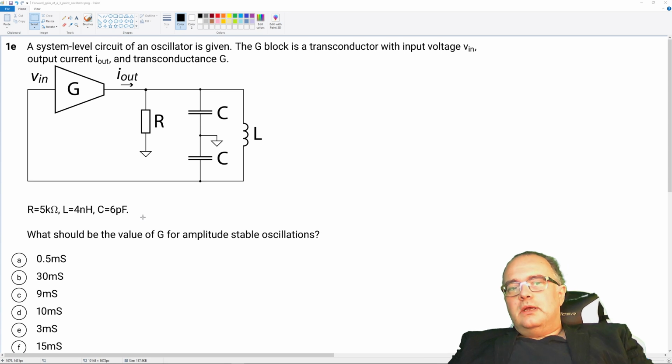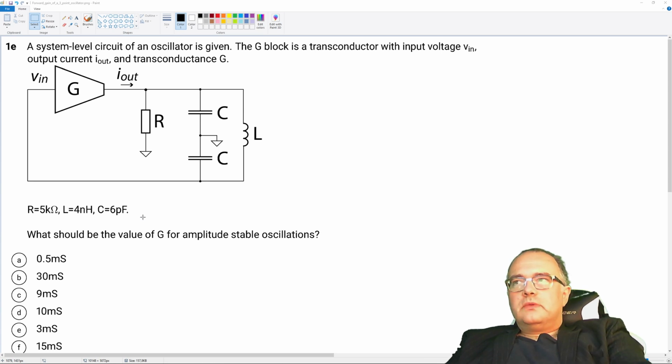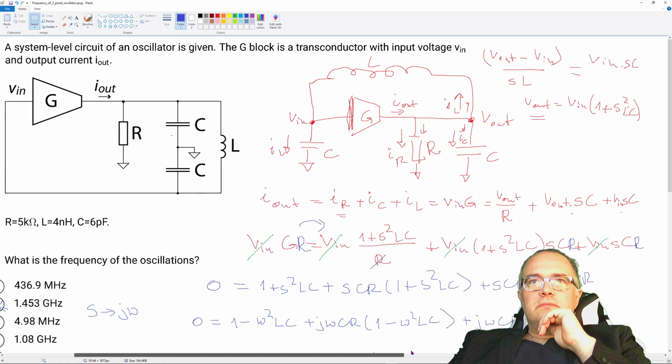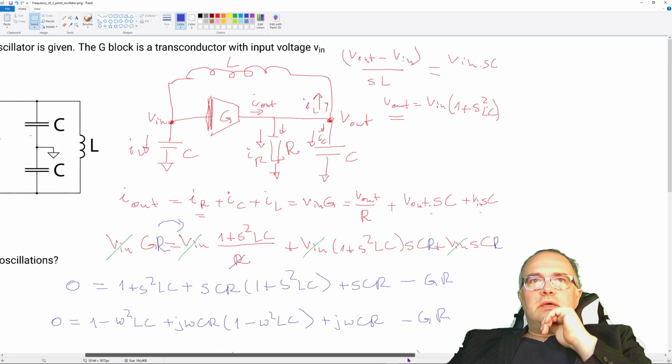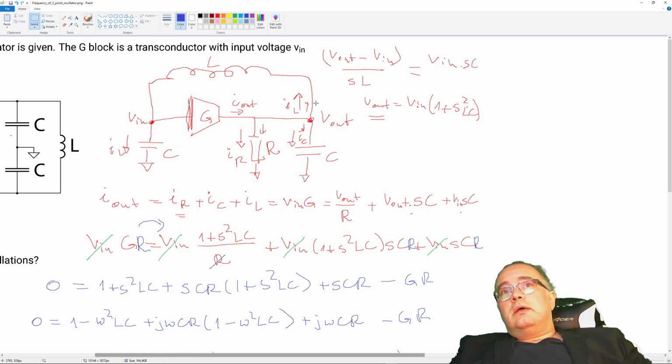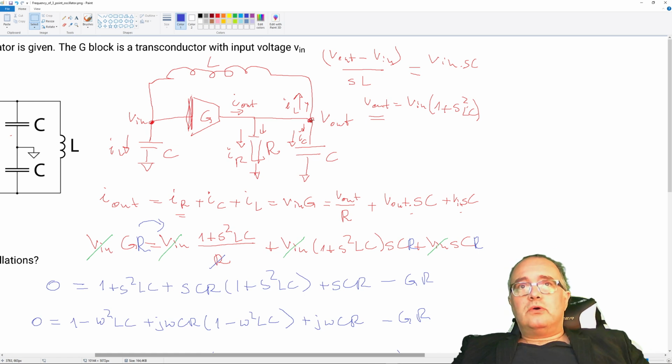oscillations. Now, in a previous video, I will put the link to it at the end, we analyzed this circuit here and derived an expression. Basically, the analysis was based on writing the Kirchhoff current law for these two nodes here, this one and this one.